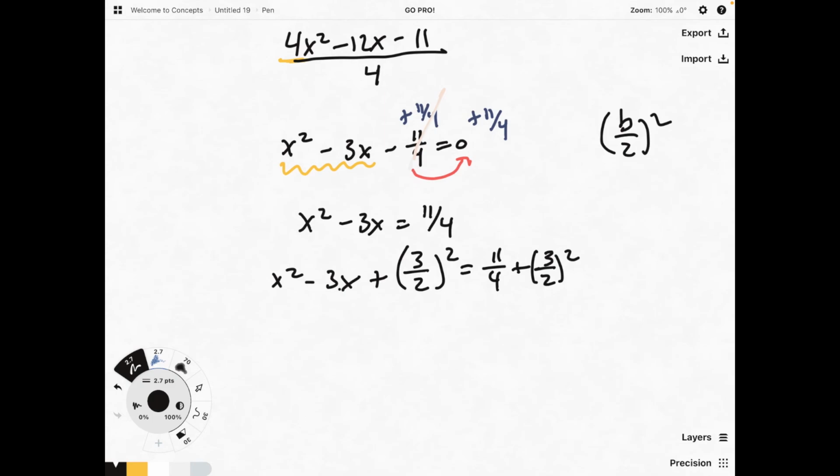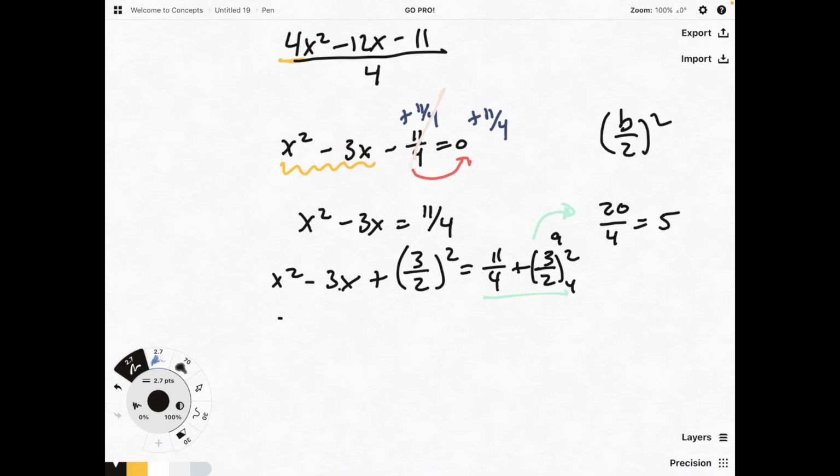Okay, when we simplify this side, that's going to give us 3 times 3 is 9, over 2 times 2 is 4. So we have the exact same denominator. So now all we need to do is 11 plus 9, and so 9 plus 11 is equal to 20/4, which can be reduced down to 5.